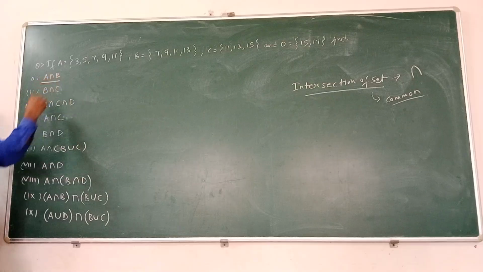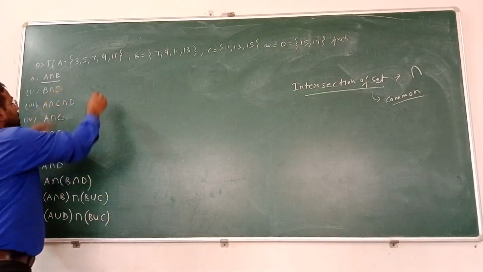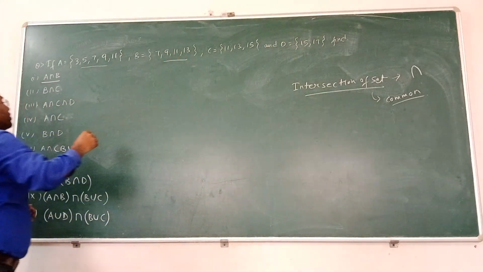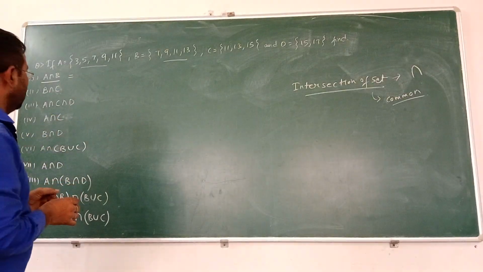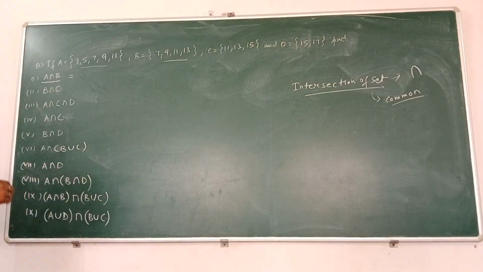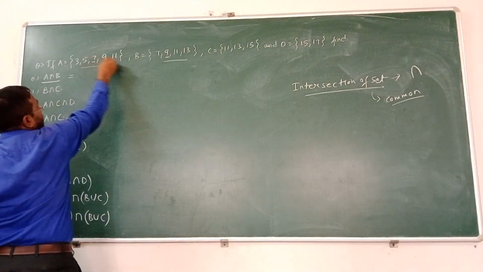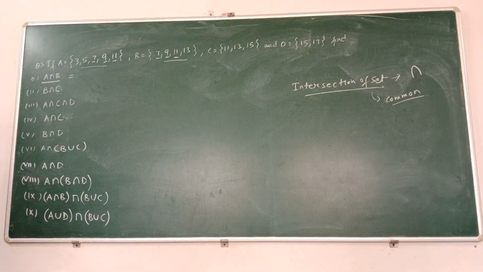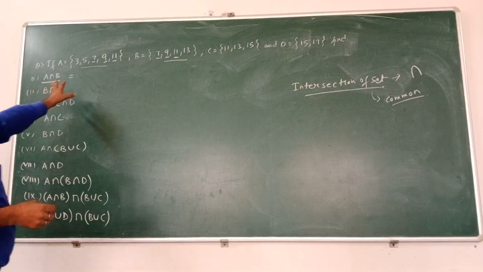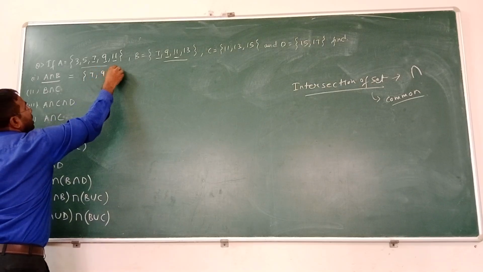The first question says find the intersection of A and B. This is the A set and this is the B set. Intersection of sets means you have to see the common elements in both sets. The common elements are 7, 9, and 11.